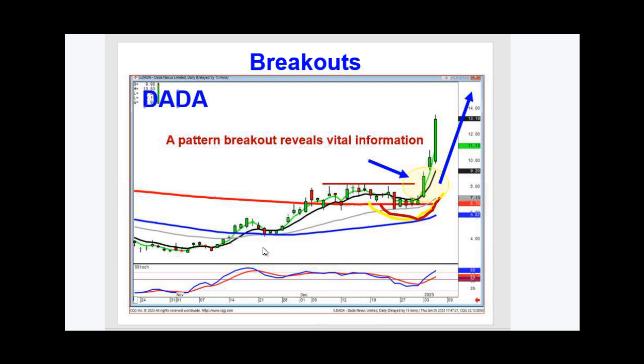So when we see breakouts, there's two major factors that we can utilize on a breakout situation. One, it tells us there's a new dynamic coming into that stock. We may not know what that dynamic is at the time, but it allows us to go back and find out what caused that new dynamic.